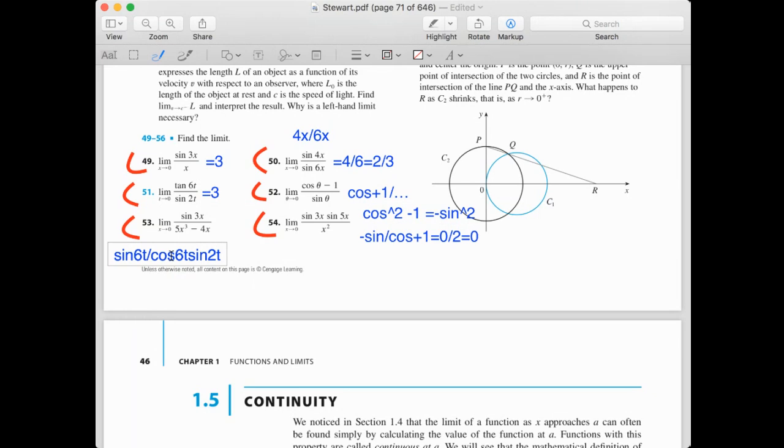Right, when we have 3 layers of fraction, you can write the 2 denominators together, right? So sine 6t over cosine 6t sine 2t. We want to use identity. That means we want to manufacture 6t in the denominator, 2t in the numerator.